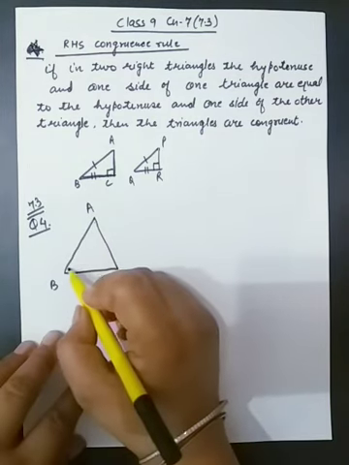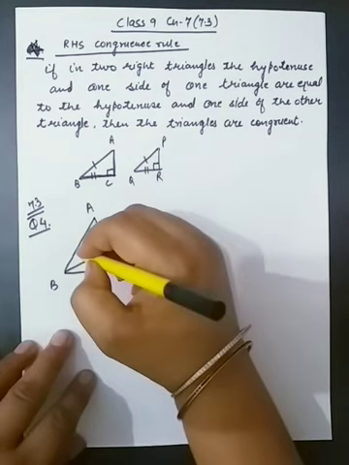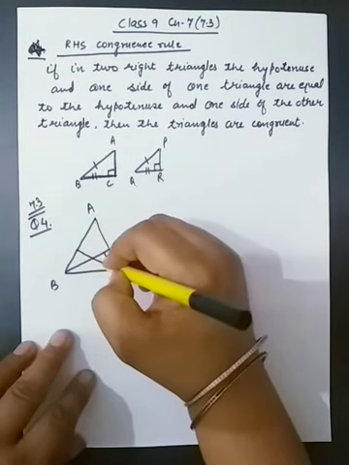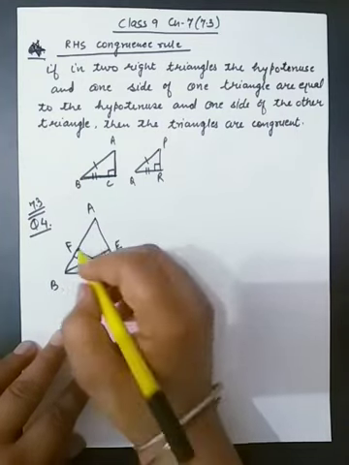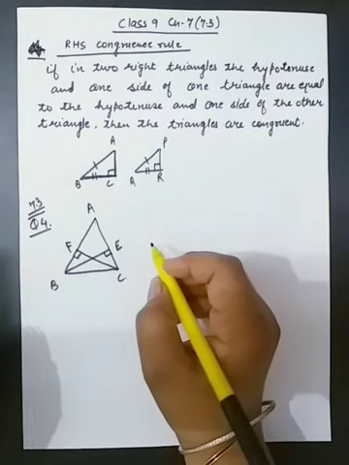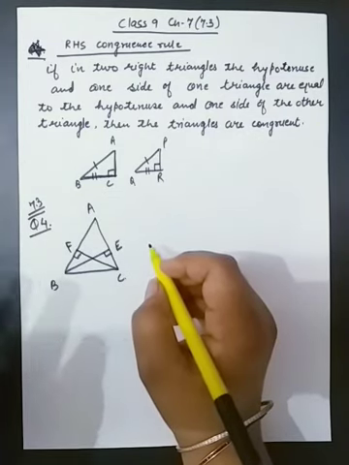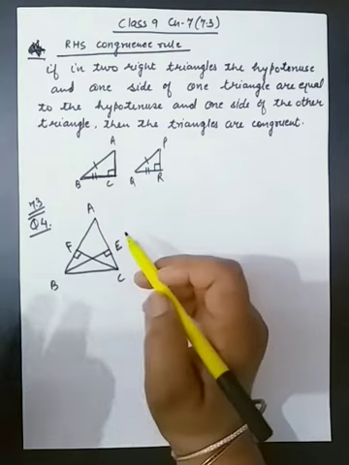B से आपको ड्रॉ करना है BE like this, angle is of 90 degree, and CF, this one angle is of 90 degree, and these two altitudes are equal. On the basis of this information we have to prove that our triangle ABC is an isosceles triangle.